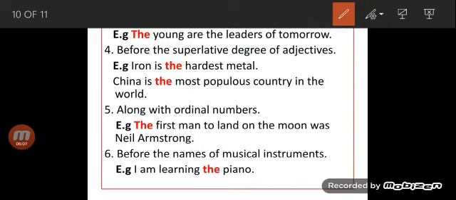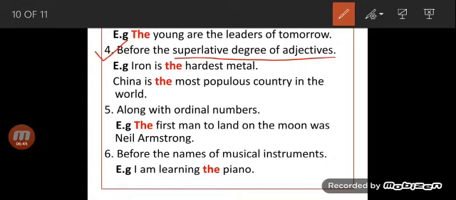Next is before the superlative degree of adjectives. In the adjective lesson you might have read about degrees of comparison, in which there is positive degree, comparative degree, and superlative degree.